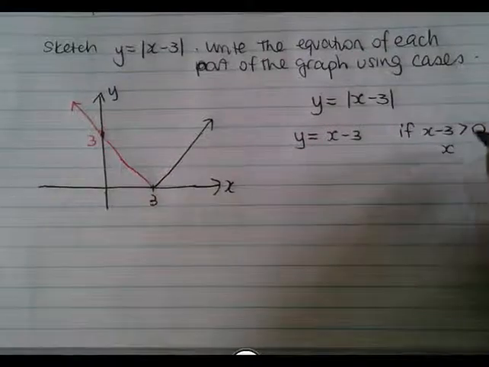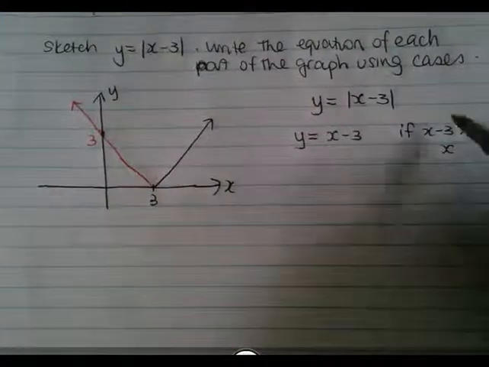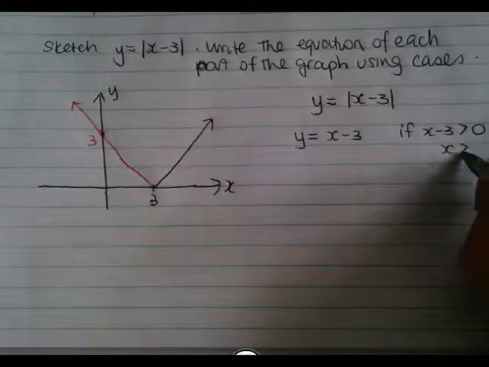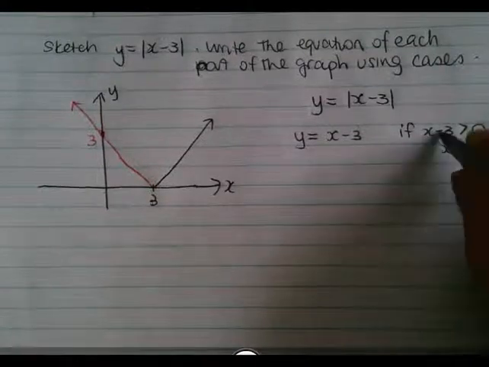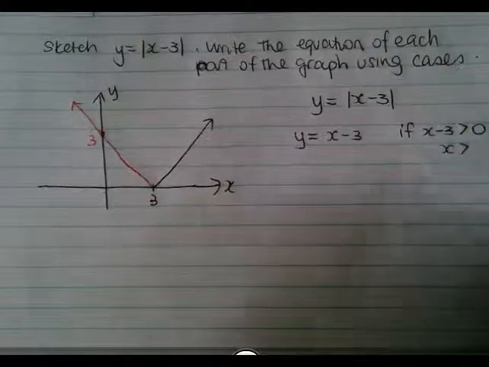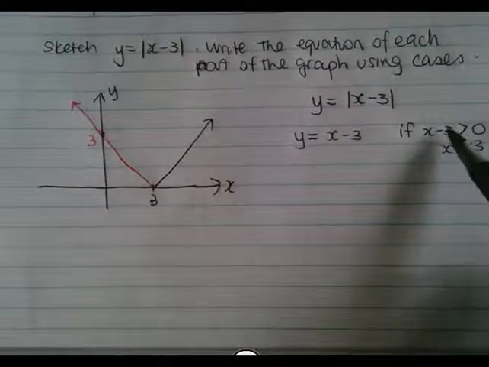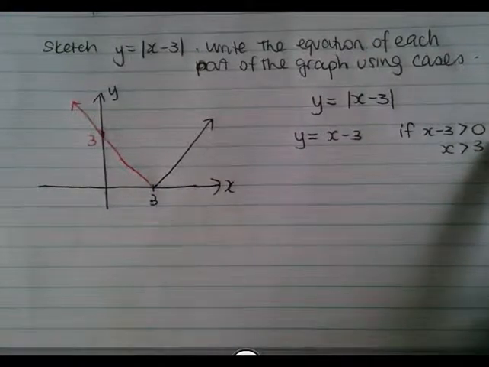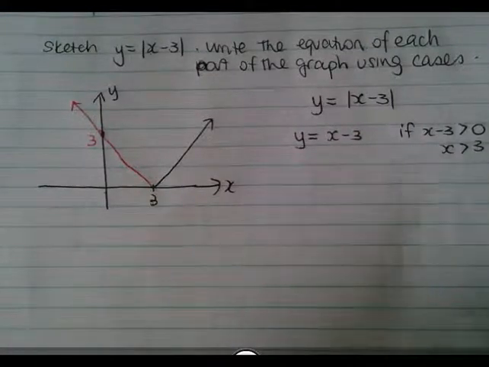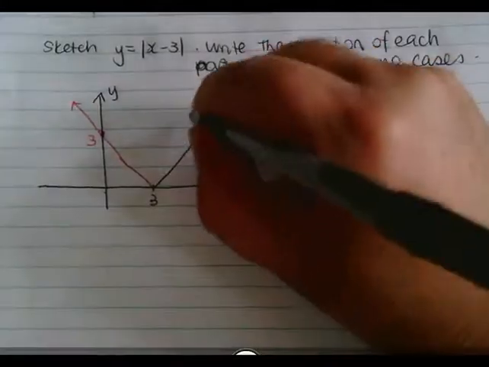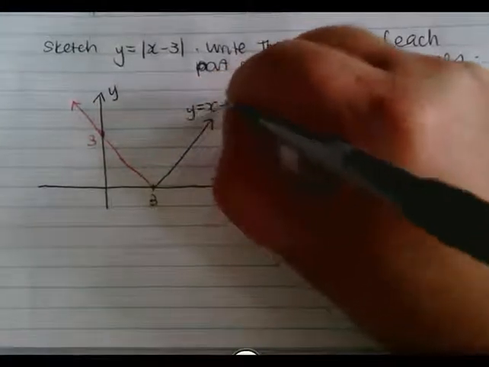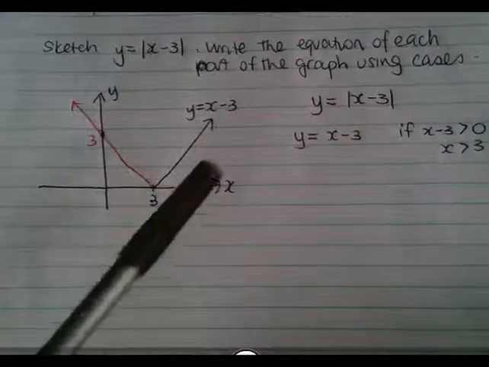Can you solve x minus 3 is greater than 0 for me? X is greater than what? Yeah, x is greater than 3. Taking the minus 3, inverse operation of minus 3 is plus 3. So in other words, this equation is y equals x minus 3 for that line.